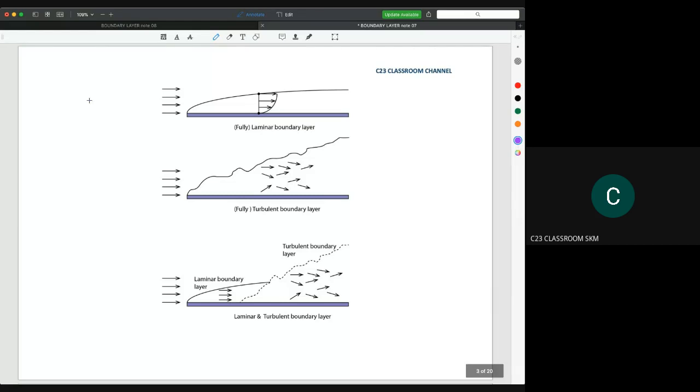In our lecture, we divide the boundary layer into three conditions. One is the fully laminar boundary layer that we learned last week.